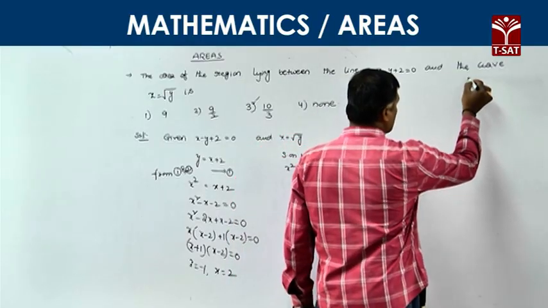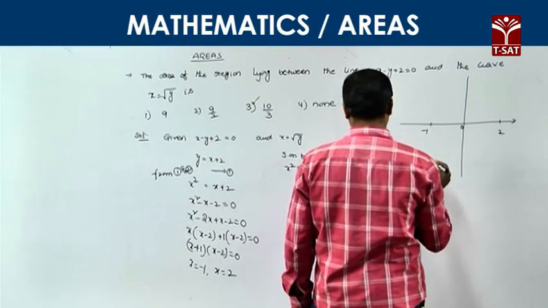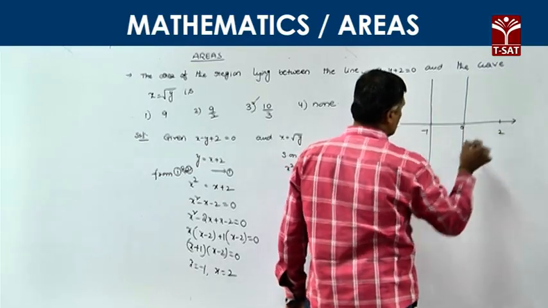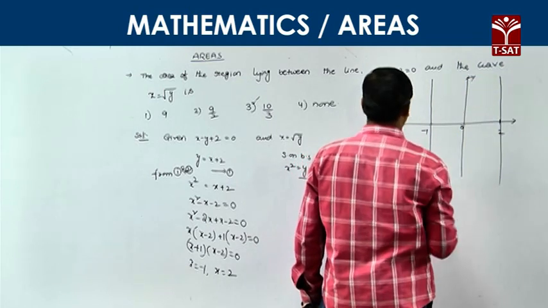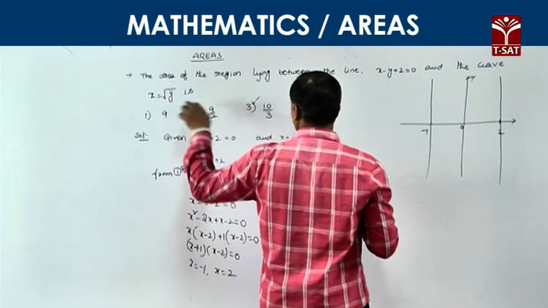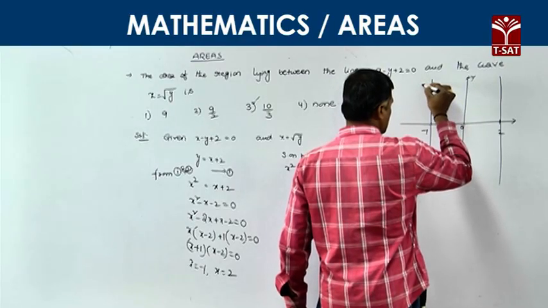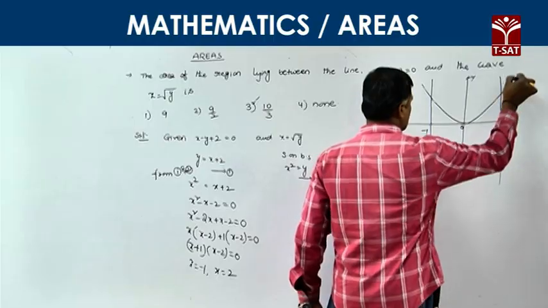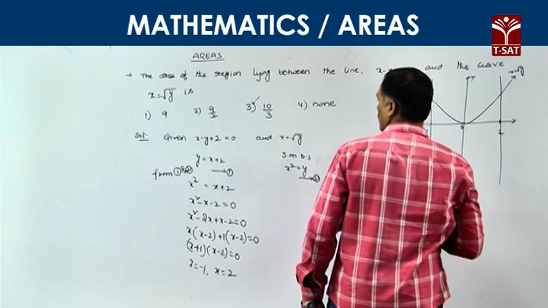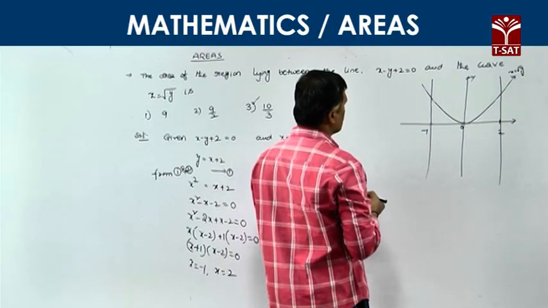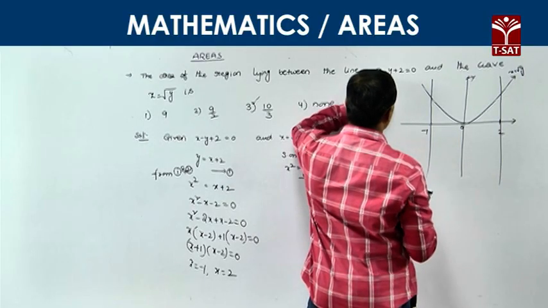Draw a rough figure. Minus 1 here, 2 here, x is equal to minus 1, x is equal to 2, which are parallel to the y axis. The given curve is x is equal to root y, x square equal to y. The line x minus y plus 2 equal to 0 meets the x axis when we put y equal to 0.